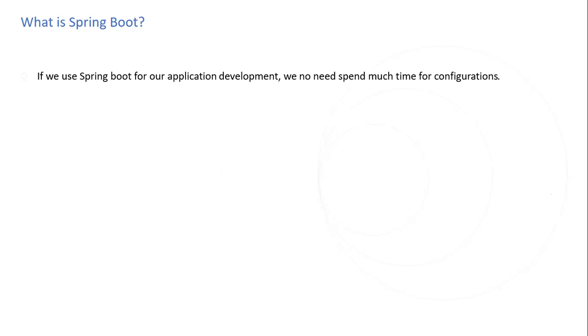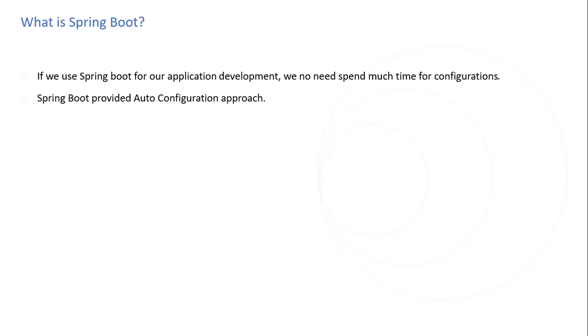If you are using Spring Framework for application development, we need to spend a lot of time only on configurations. But it is an advantage in Spring Boot. If you develop a similar type of application using Spring Boot, we do not need to spend much time on configuration. This means we can develop applications in a faster manner. So Spring Boot provides a lot of features to develop applications in a faster manner.